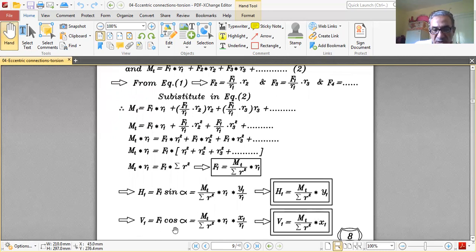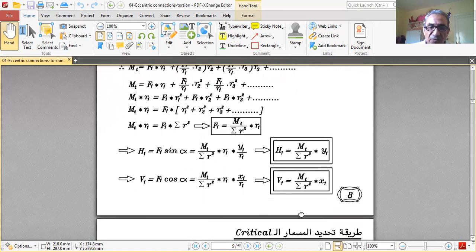V1 equals F1 cosine alpha, which is M torsion multiplied by R1 divided by sigma R squared multiplied by X1 over R1, or V1, the vertical component of the shear force related to torsion, is M torsion X1 over sigma R squared. So H1, the horizontal component of the force due to torsion at bolt 1, is M torsion Y1 divided by sigma R squared, and V1 is M torsion X1 divided by sigma R squared.